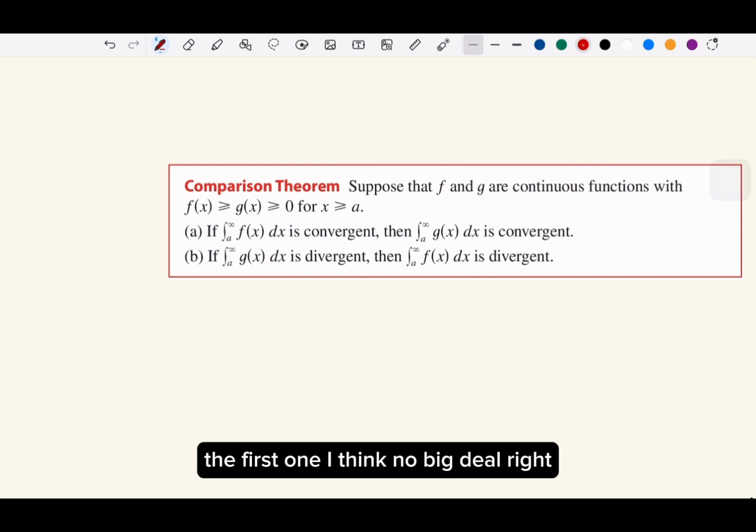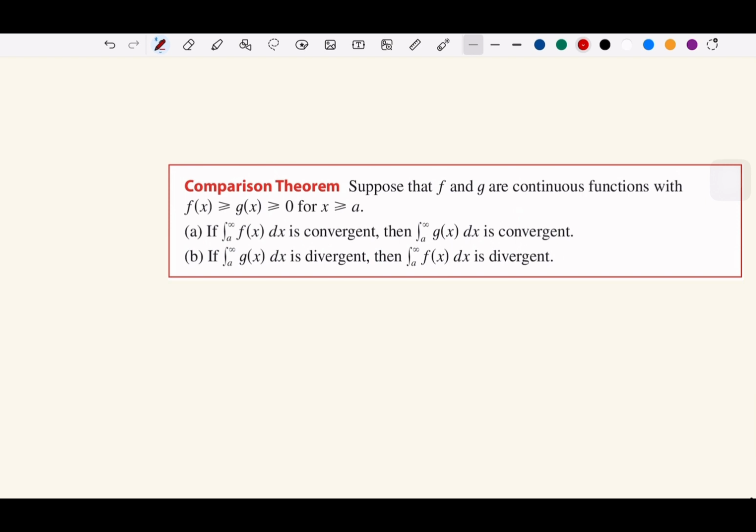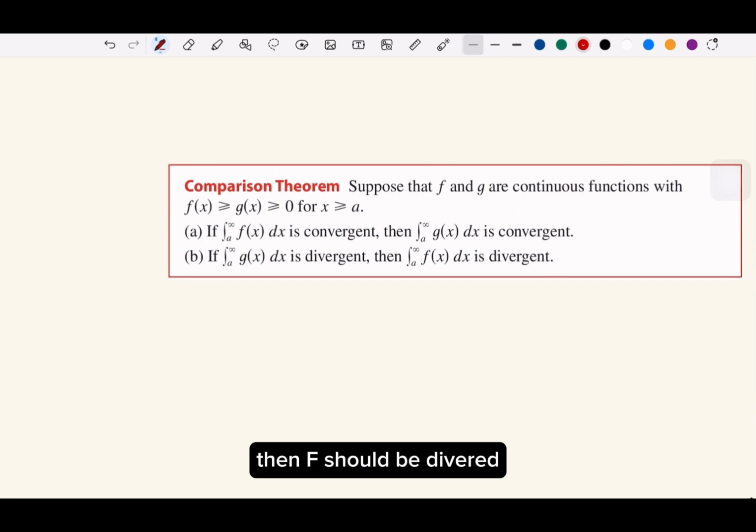Okay, the first one, I think, is no big deal, right? But the second one, if g diverges, okay, then f should diverge.